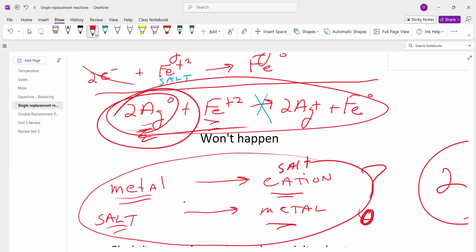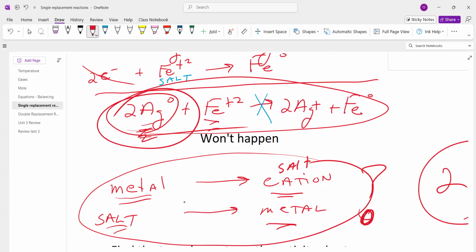Table salt is a member of that. But when I say salt, from a chemical perspective, that's ions, ionic things. It could be calcium hydroxide, strontium hydroxide, uranium hexafluoride, sodium chloride, not just sodium chloride, okay? So salt means we're talking about ionic stuff. And we're going to see with double replacement reactions, we're only dealing with ionic stuff.